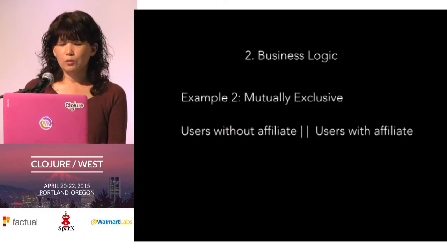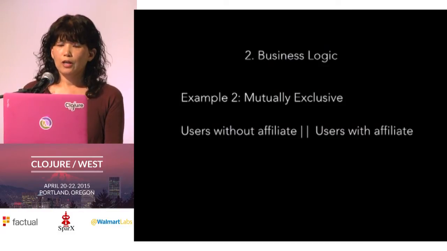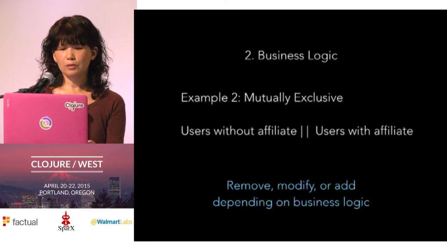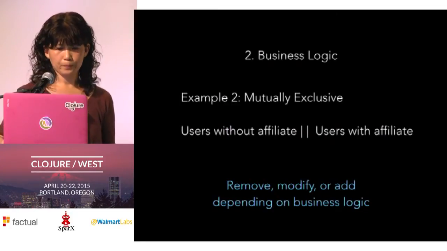Another example is mutually exclusive filters. Even though it is enforced in the UI so that one of them is true, we do this in the backend as well. As you know, if both are true, there will be no data, which we don't want. Depending on business logic, we remove, modify, or add filters and prepare for building a query.